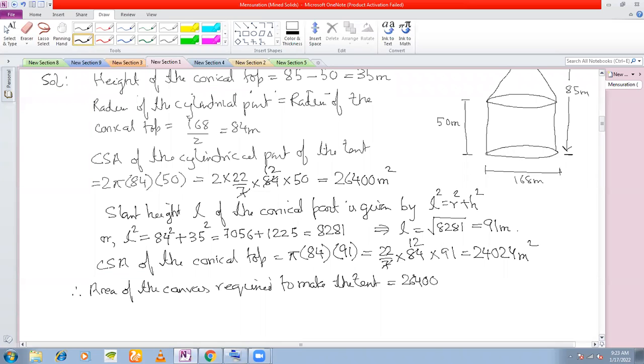That is the curved surface area of the cylindrical part plus the curved surface area of the conical part, 24,024, which will give you 50,424 meter square. Okay. Now there is some wastage also.